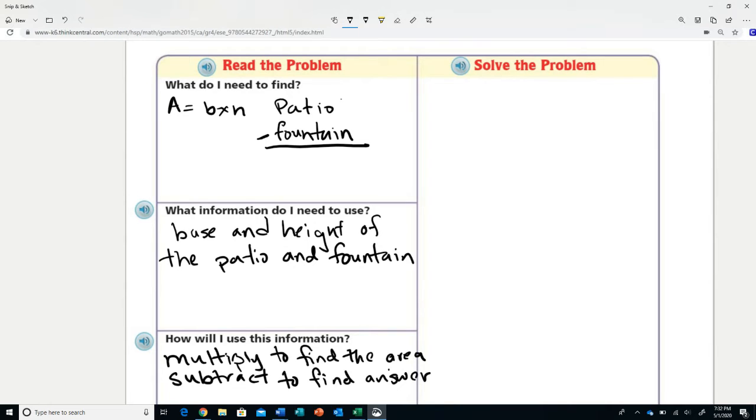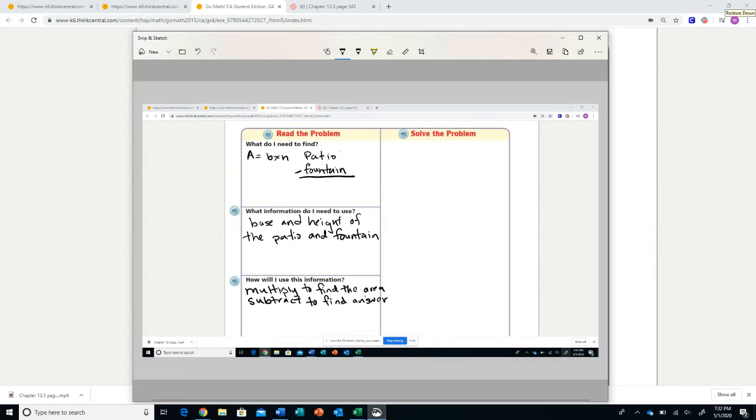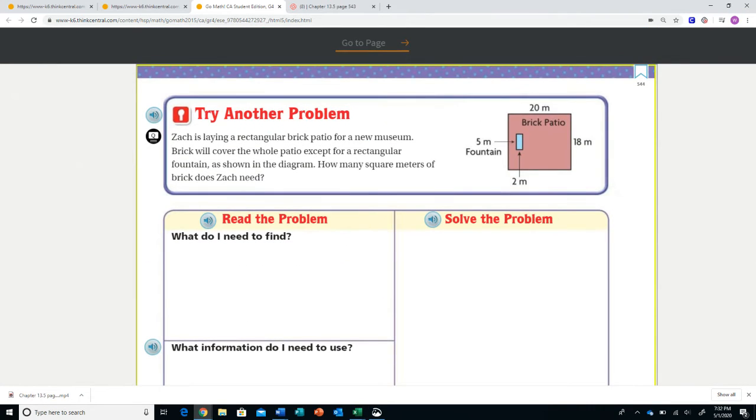Remember, it is math. I'm not looking for full sentences here, just that you have a general idea of what is going on. So I am going to have to shrink this screen down a little bit because I need to see the screen behind it. So we have 20 and 18.